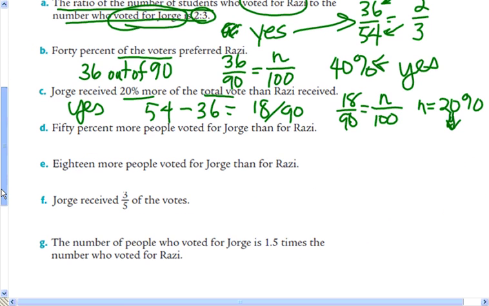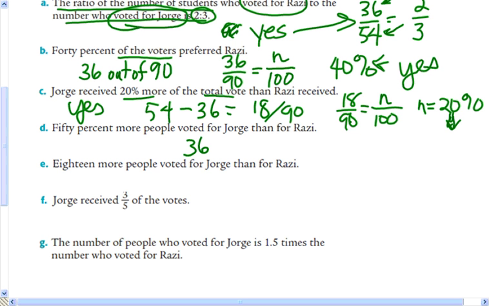All right. 50% more people voted for Jorge than for Razi. So we want to look at the number that Razi got. Razi got 36 votes.